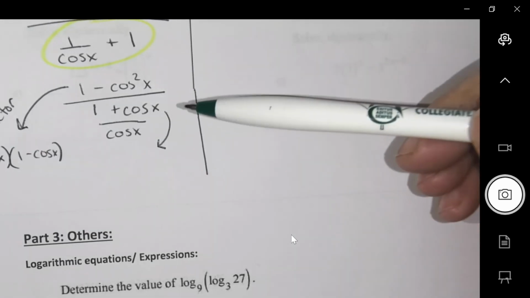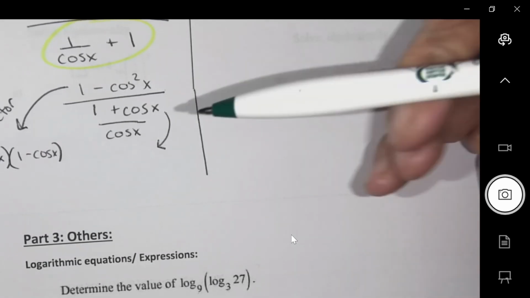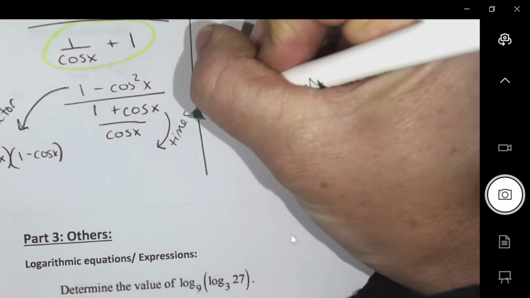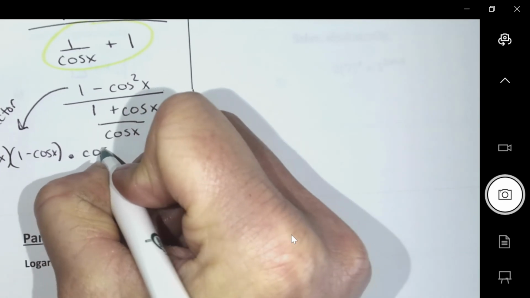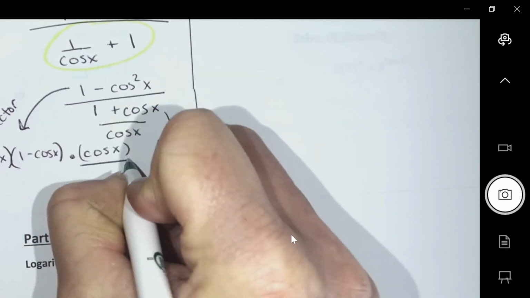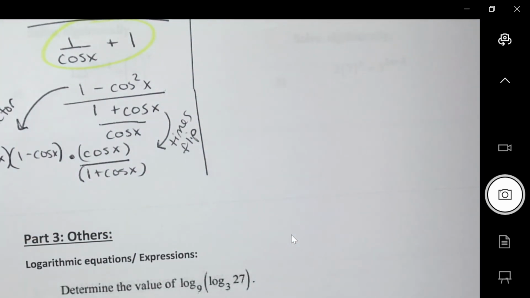Now, instead of dividing by this fraction, what do you think I'm going to do? Times and flip. Now what?